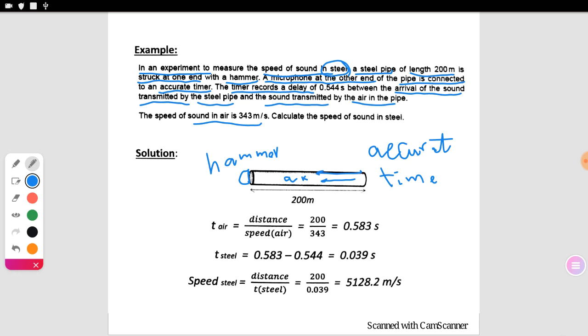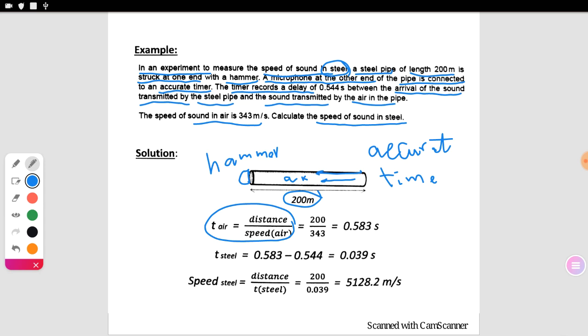Calculate the speed of sound in steel. At first, time equals distance over speed. Time equals the length of the tube, 200 meters, divided by the speed, 343.